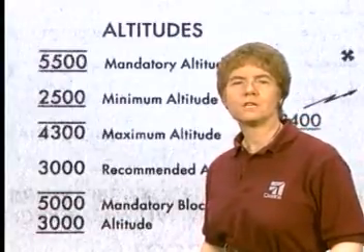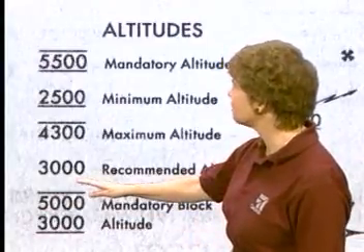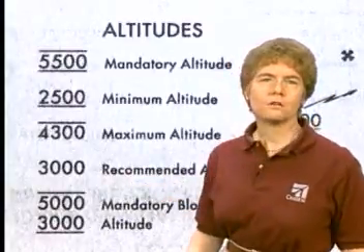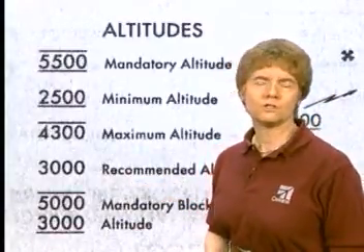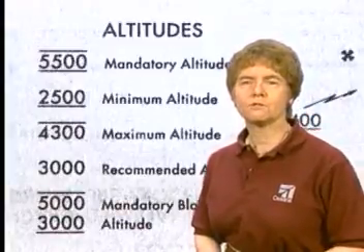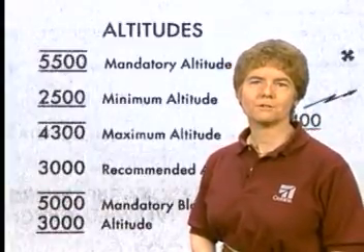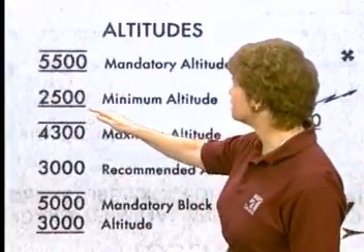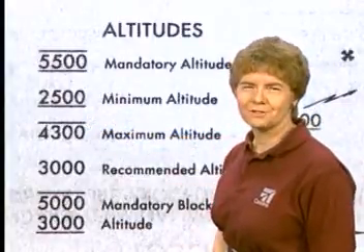If, however, you see an altitude with no lines at all, that's a recommended altitude, which tells you basically that the altitude shown is a good altitude for this position on the approach. But you would also see a minimum altitude to ensure your obstruction clearance.